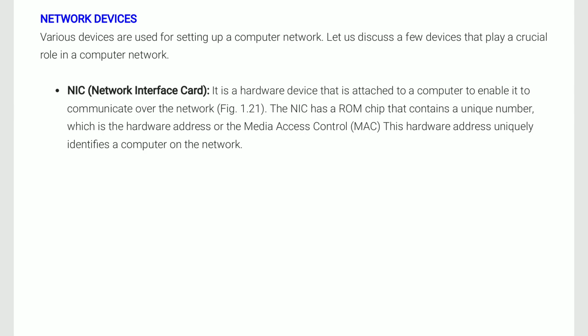Network devices or communication devices are the units that mediate data in a computer network, and are also called network equipment.